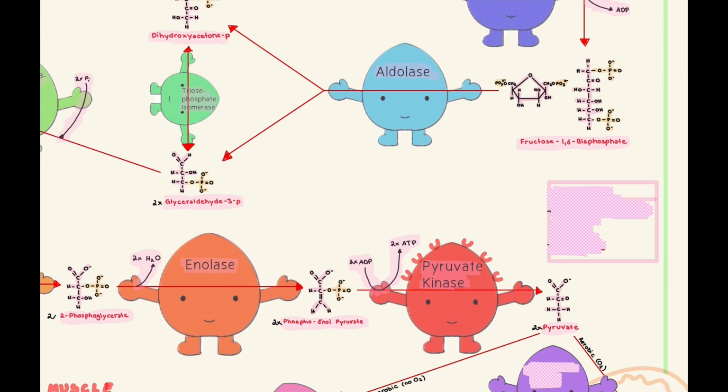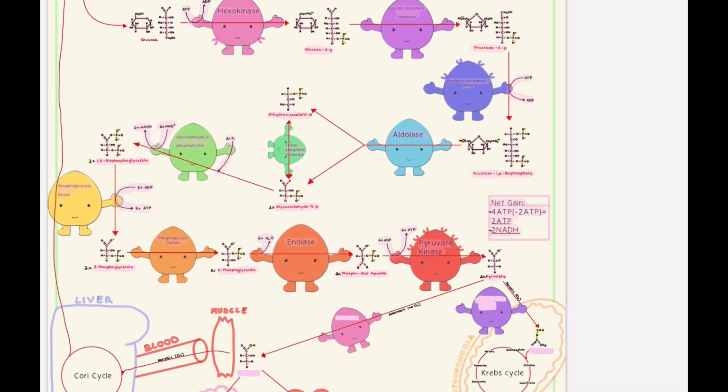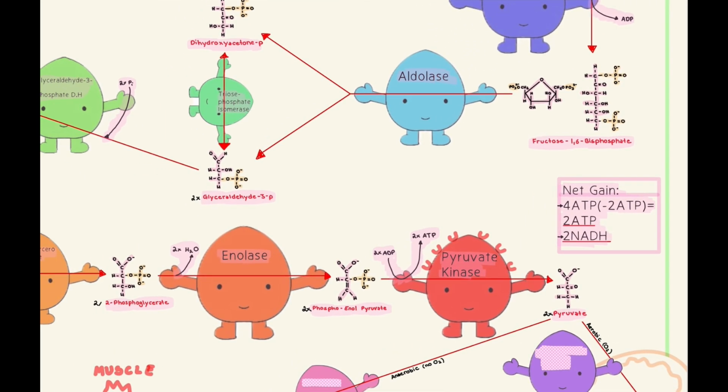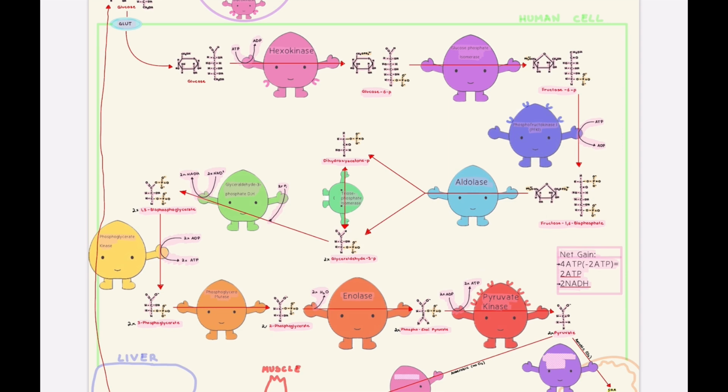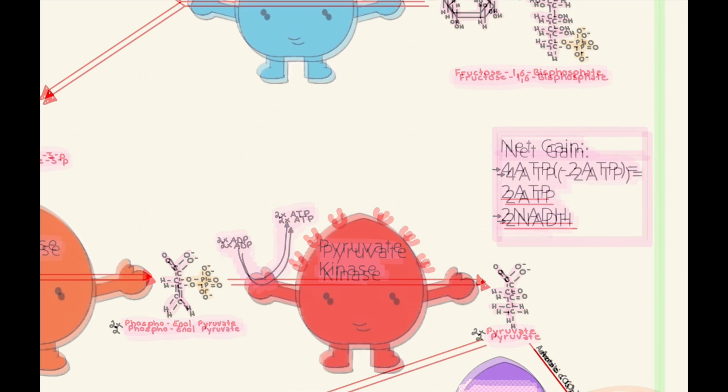This means that from a single glucose molecule at the start, we have produced 2 pyruvate molecules along with 4 ATP molecules in total. However, we used 2 of those ATP molecules in the initial investment stages, and therefore the net gain of glycolysis is 2 ATP and 2 NADHs.